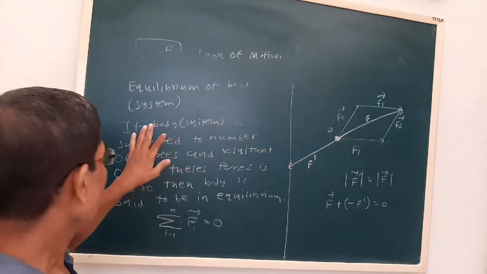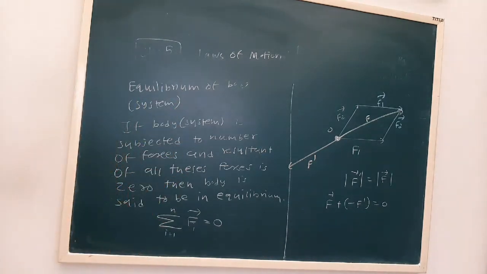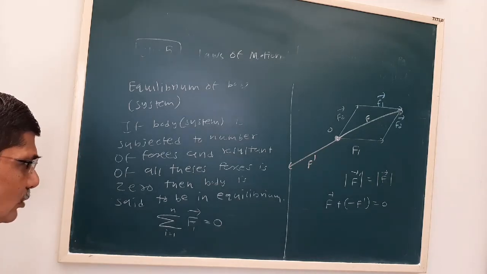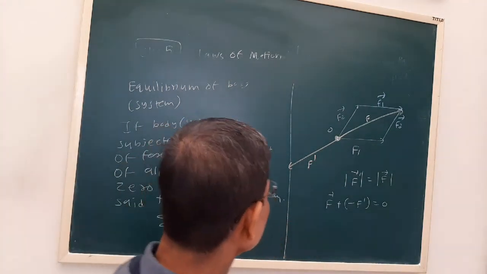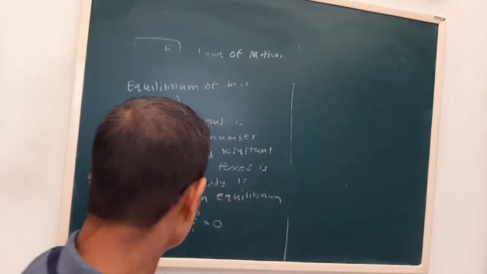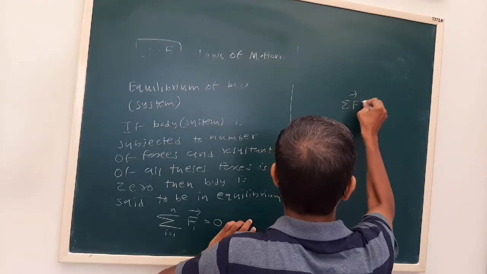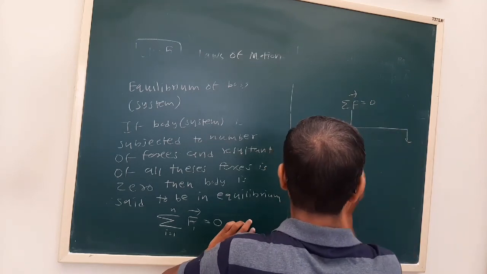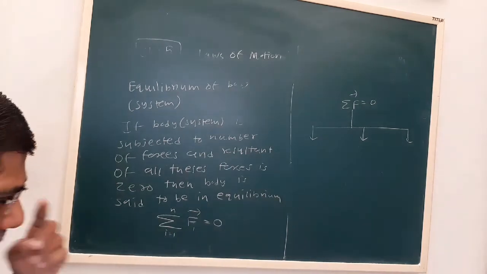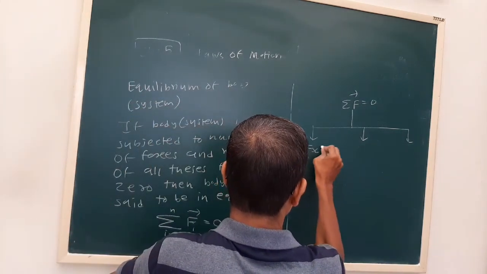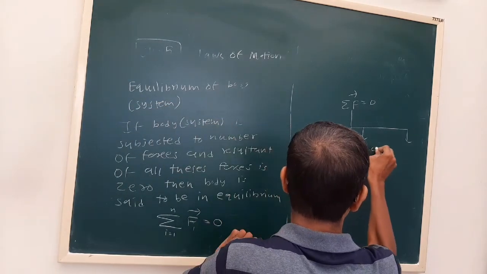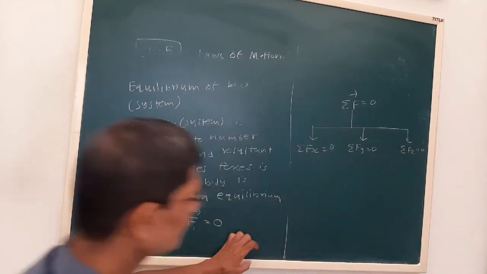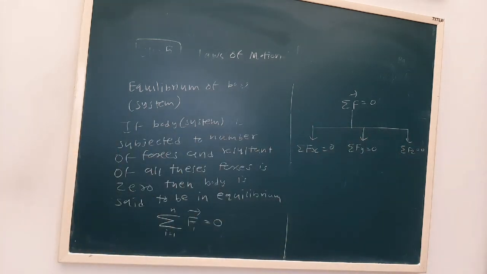So, the equilibrium of forces: if the body is subjected to a number of forces and the resultant of all these forces is 0, then the body is said to be in equilibrium. Force being a vector quantity, sigma F is 0 can be written in terms of its components. So the sum of the x components of the forces should be 0, the sum of the y components should be 0, and the sum of the z components should be 0.